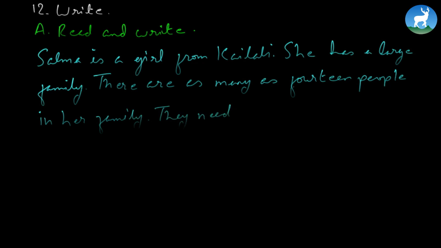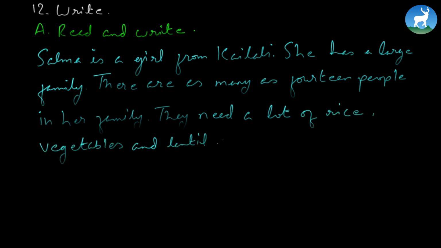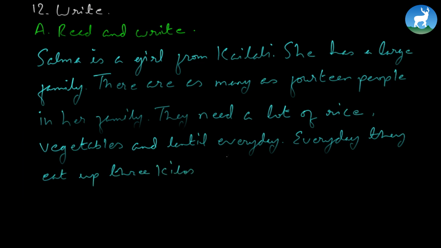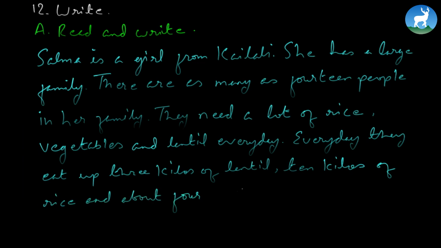They need a lot of rice, vegetables, and lentil every day. Every day they eat up 3 kilos of lentil, 10 kilos of rice, and about 4 kilos of vegetables.